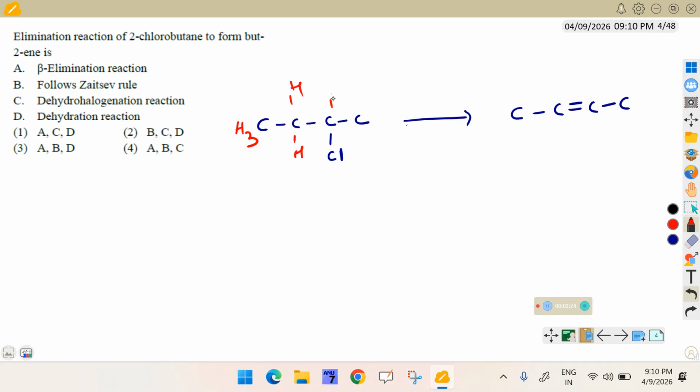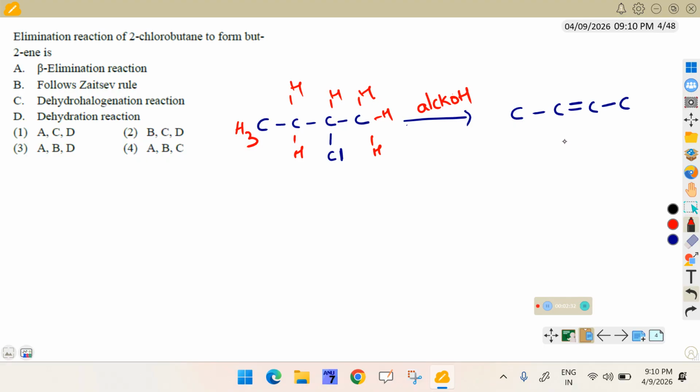Elimination reaction of 2-chlorobutane. 2-chlorobutane is converted to but-2-ene, CH3-CH=CH-CH3, in the presence of alcoholic KOH.